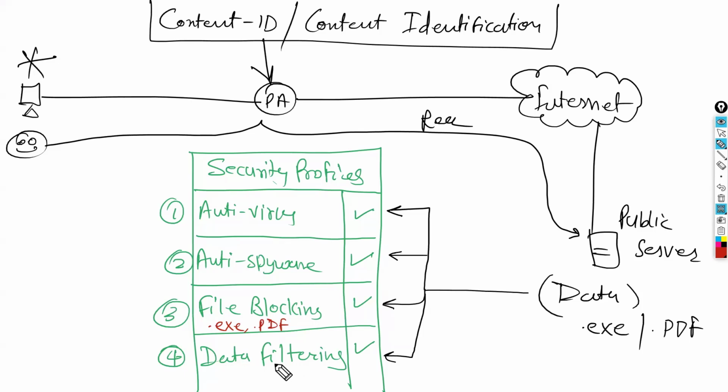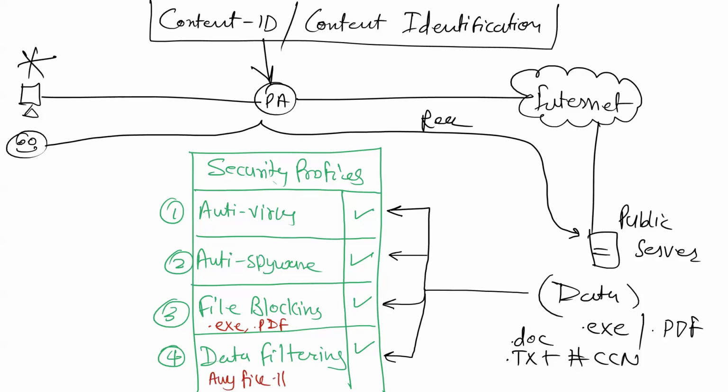Next, we have the data filtering profile. If the user is trying to download, for example, any .doc file or .txt file which contains confidential information like credit card numbers, with the help of the data filtering profile we can define what to do: block it.